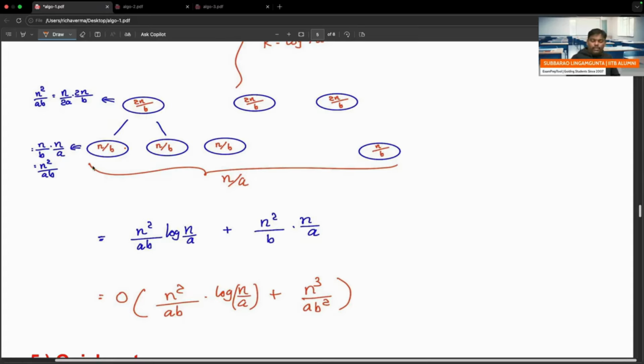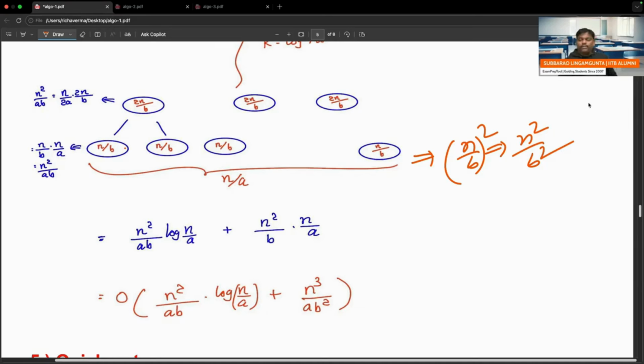At the first level, each group size is n by b. If you do the whole square, it is n square by b square. Be careful, every one sorting will take n square by b square time.